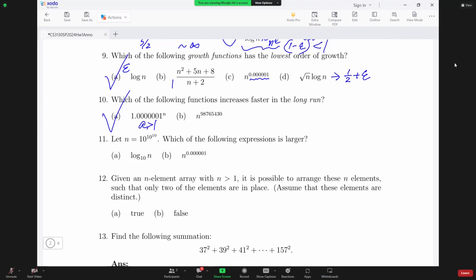Some of my old students tried to use a graphical calculator, some online graphical calculator, to compare. You cannot, because it's too large. If you want to see the difference, that's going forever, so you cannot get there.